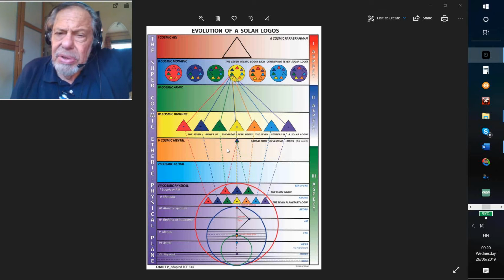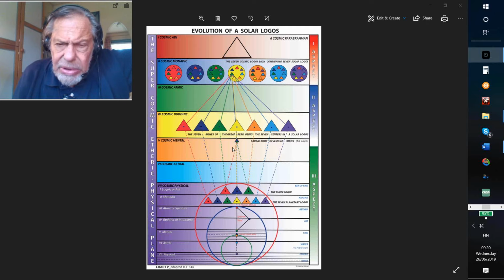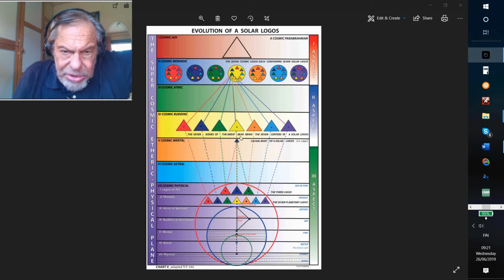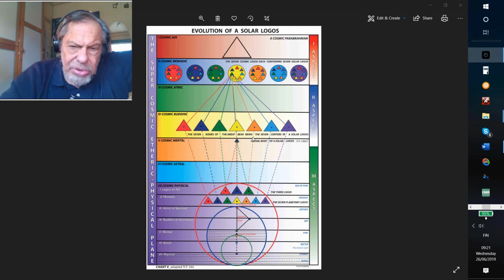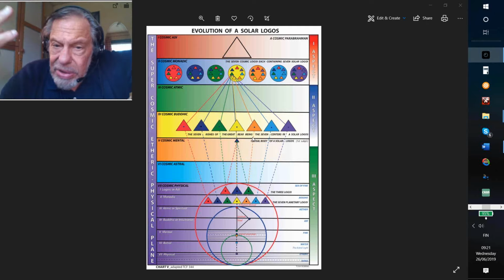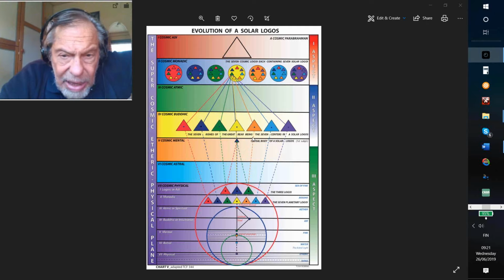On a much higher turn of the spiral, a much greater solar angel is somehow doing for our solar logos what our little solar angel is doing for us. And our little solar angels are emanations of the great solar angel of the solar logos. And you can imagine this might go on and on.